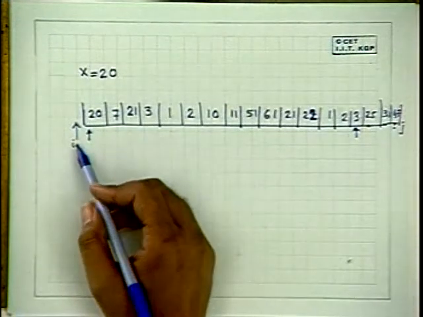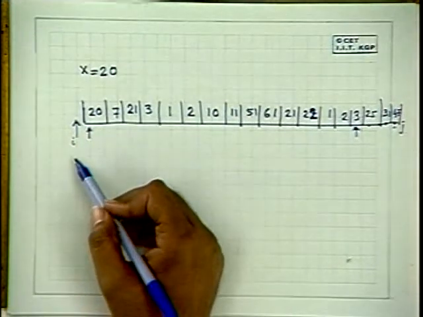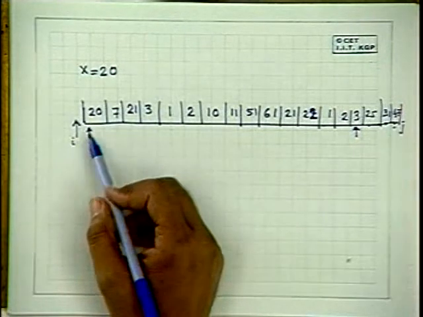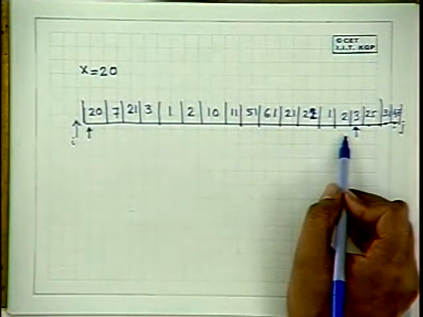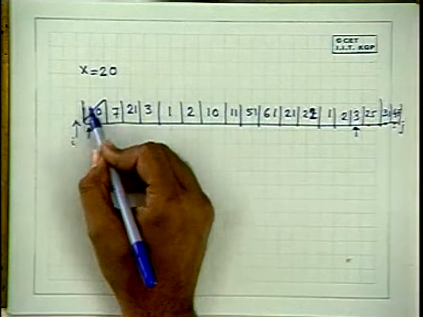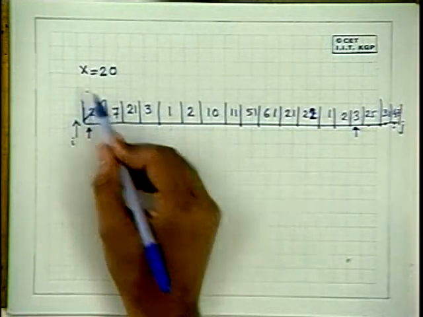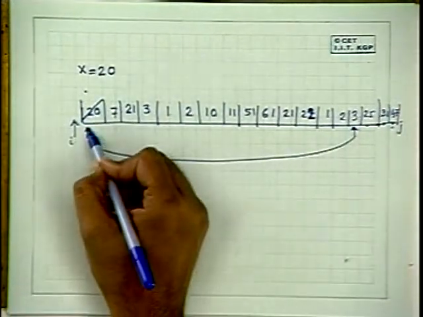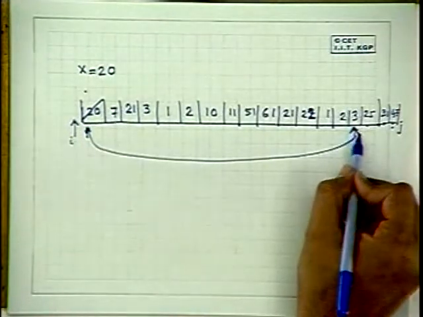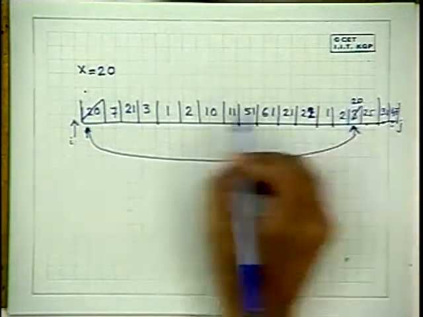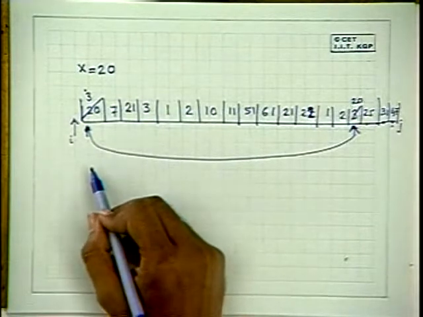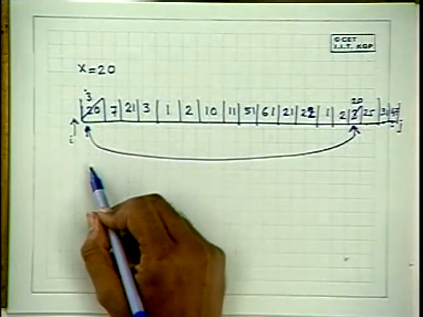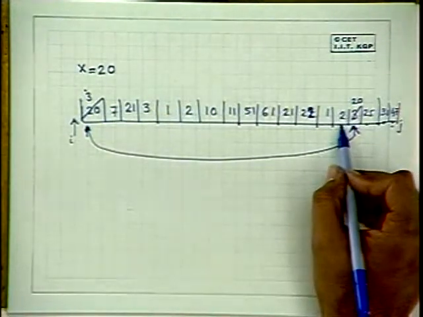Okay. Then I is less than j, that comparison is true. Then it will be exchanged. So 20 will be exchanged with 3. 20 will go out, 3 will come here, and 20 will go here. So this will be 20, this will be 3. Now again it starts.